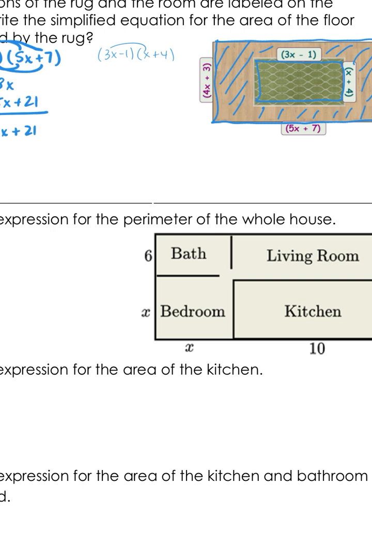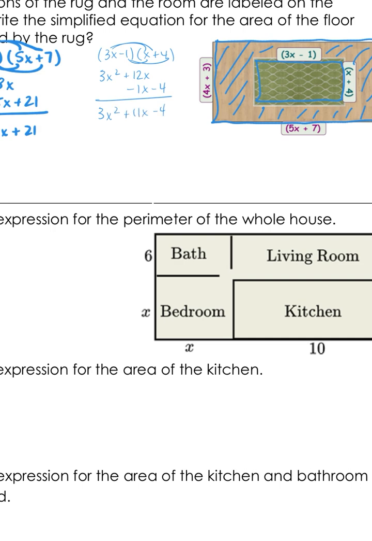So 3x times x is 3x squared. 3x times 4 is going to give us 12x. Then negative 1 times x is negative 1x. And negative 1 times 4 is just negative 4. So I have 3x squared plus 11x minus 4.